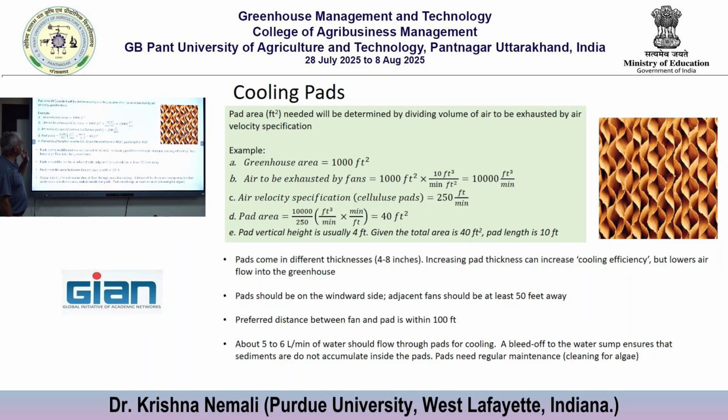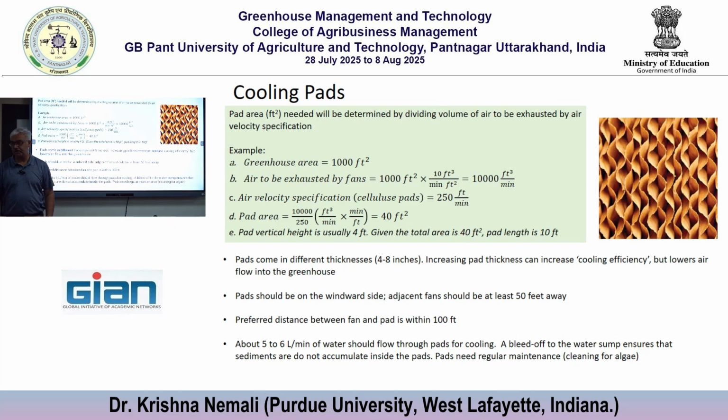Then you should know something called air velocity specification. That's a constant. It's a value that you get from manufacturers of these pads. These are cellulose pads, very popular. For cellulose pads, the air velocity specification is 250 feet per minute, meaning it allows air to go 250 feet every minute.